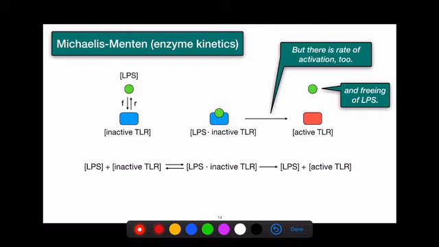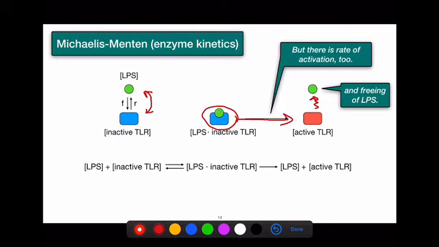It is actually true that LPS and inactive TLR bind each other and dissociate freely. But once LPS is bound to TLR, it makes TLR active. And after that, LPS will dissociate freely.